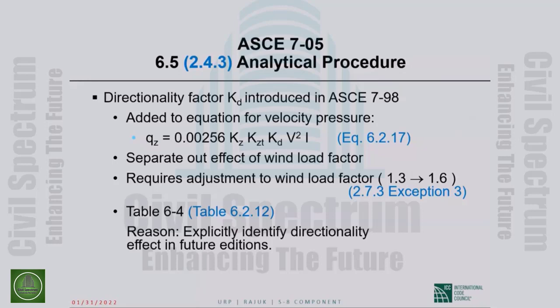It accounts for the fact that wind is seldom in the most critical direction of the building. Wind can be in the most critical direction of the building only instantaneously.